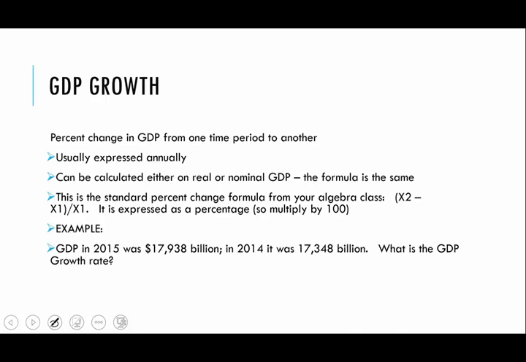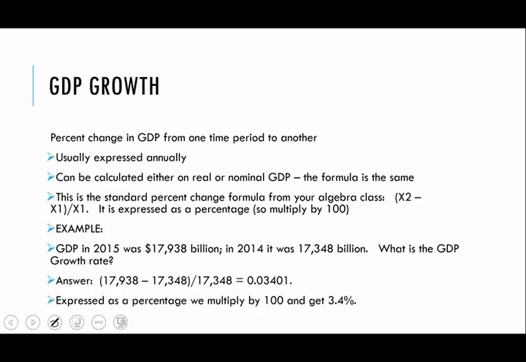So in our example, and you can calculate this before you go on and see the answer, and these are actual numbers, 17,938 billion in 2015, 2014, 17,348 billion. What is the GDP growth rate? So it ends up in decimal form being 0.03401, or basically 3.4%.